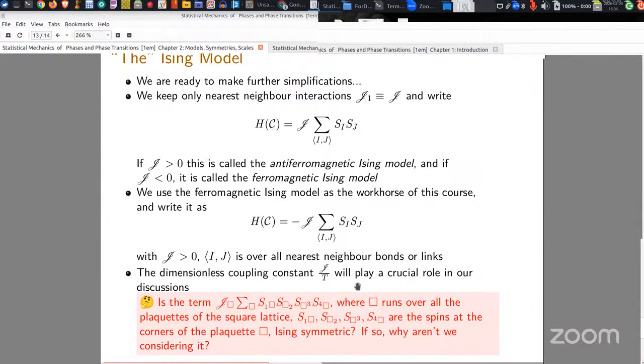Oh, that's a simple problem in group theory. So you have these fields, right? Here there are these spins. You can write out all possible two-spin interactions, three-spin interactions, four-spin interactions. You can write out all of these, and then just apply the symmetry and see if it is invariant.